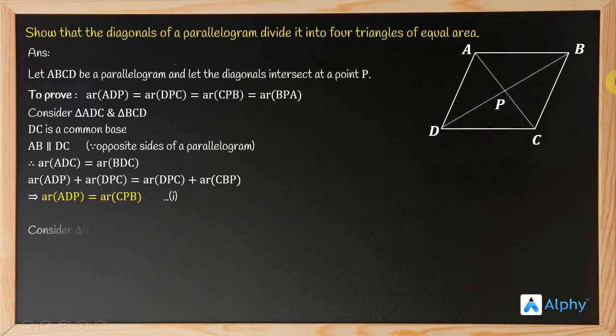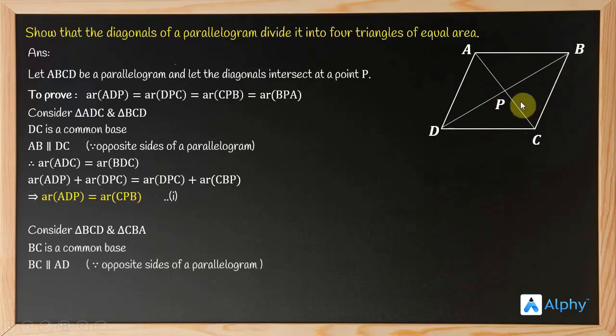How can we do that? We'll consider ABC and BDC. In these two triangles, again, you see that BC is a common base and BC is parallel to AD because they are also opposite sides of a parallelogram. And hence, we can say that area of ABC and area of BDC would be equal.